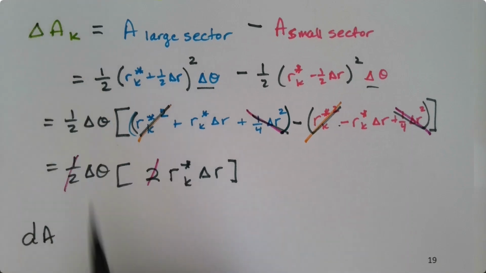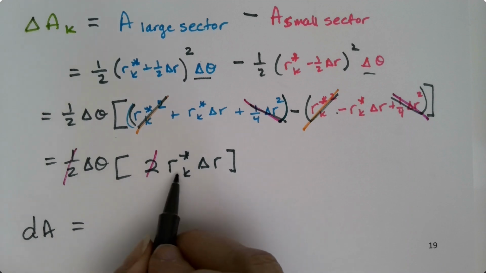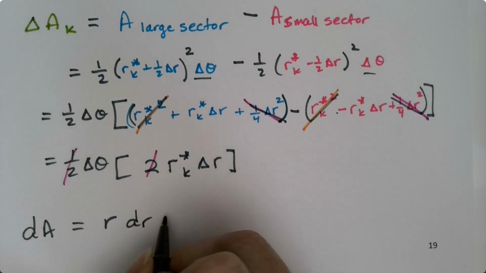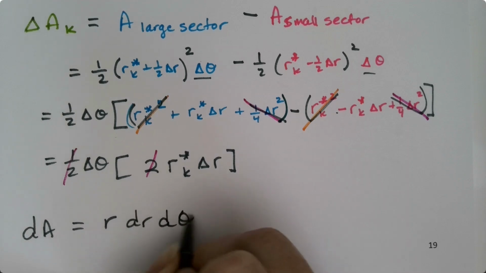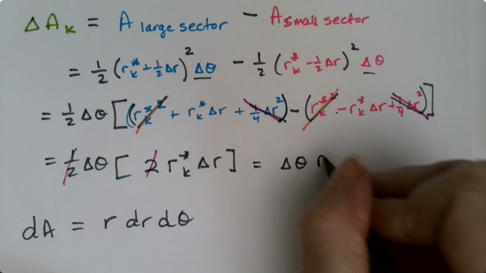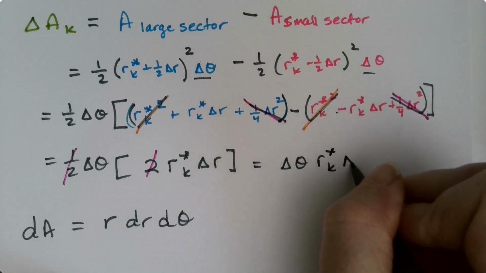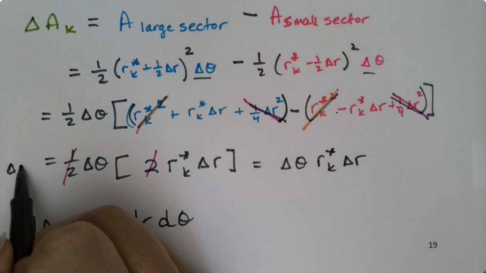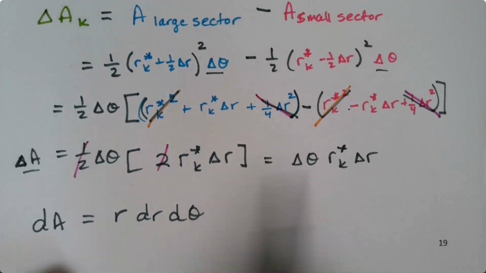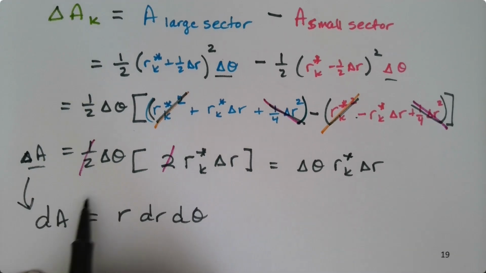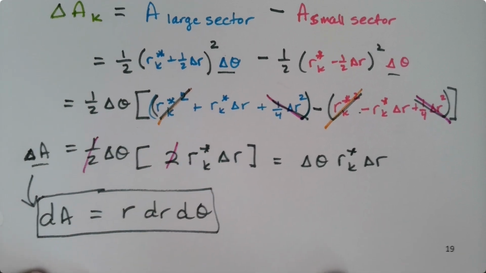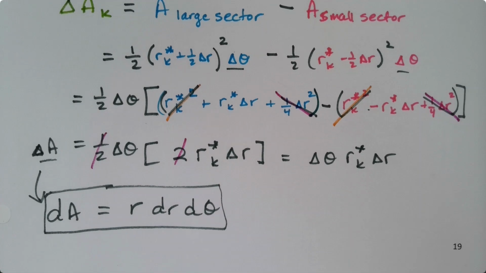Change in A, change in area, is r dr d theta. Oh, because this was delta theta r sub k star, right? So the change in area is, for a discrete value, this, and therefore this is what dA is going to be. When you let the number of sectors go to infinity, this is what will happen.